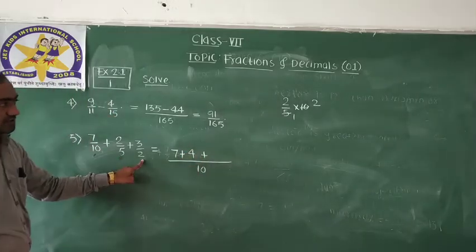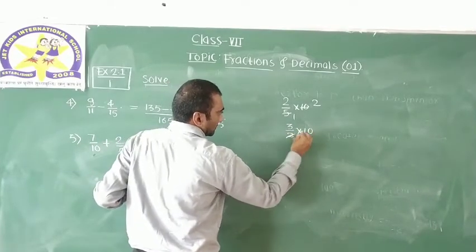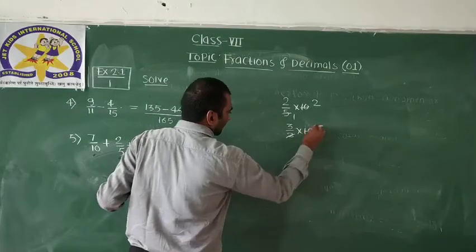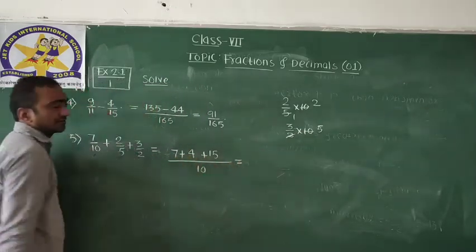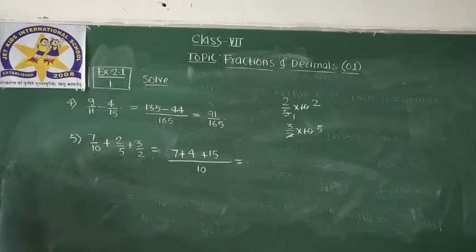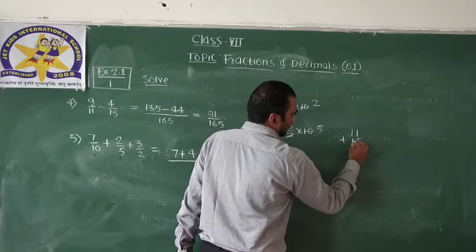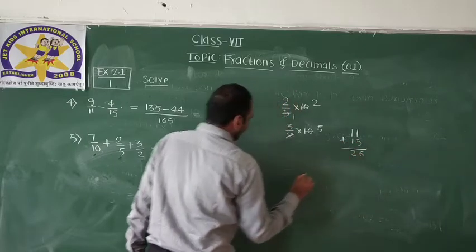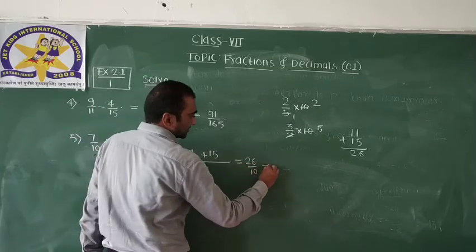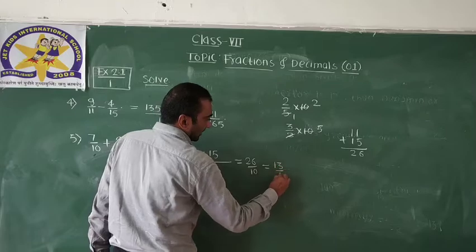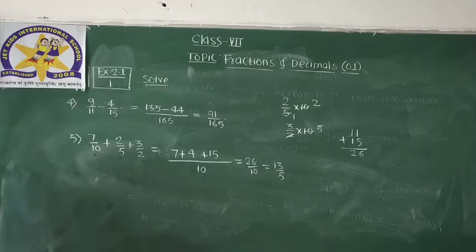Plus the third fraction is 3 by 2 multiplied by 10: 2 into 2, 2 5s are 10, 3 into 5, 15. Make calculation, 7 plus 4, 11, 11 plus 15, 26 divided by 10. Simple form of 26 by 10 is 13 by 5.